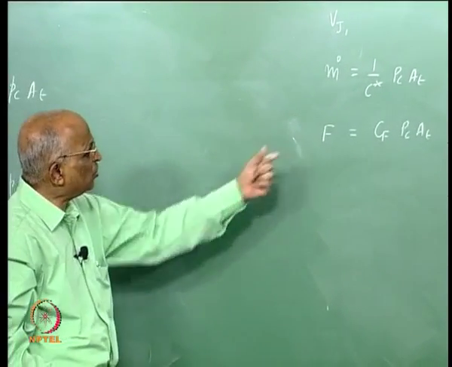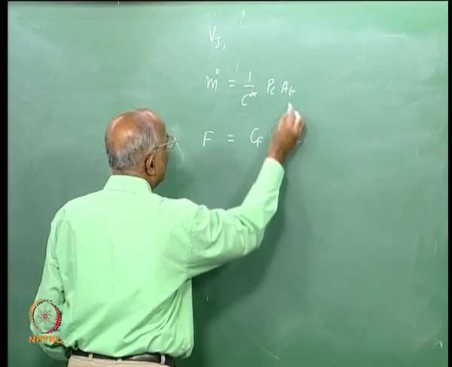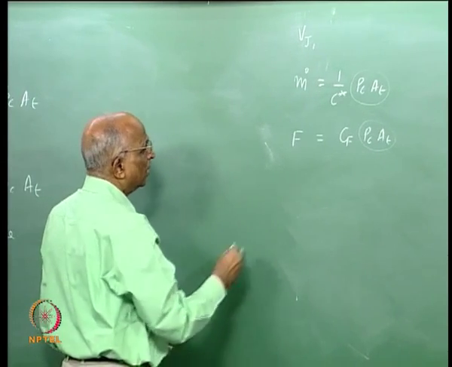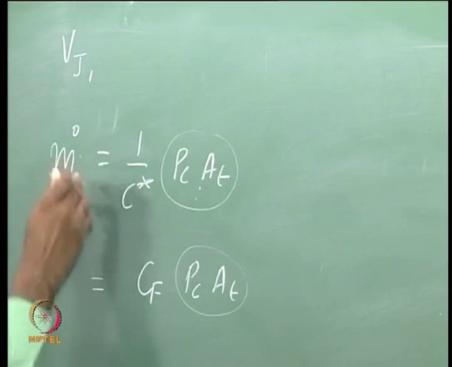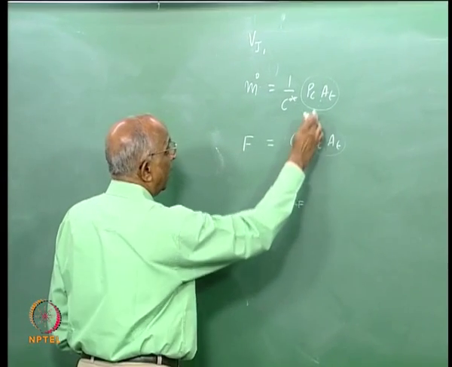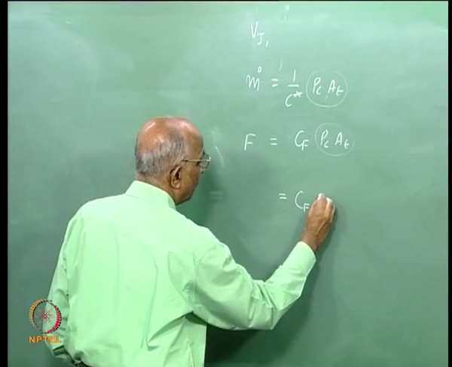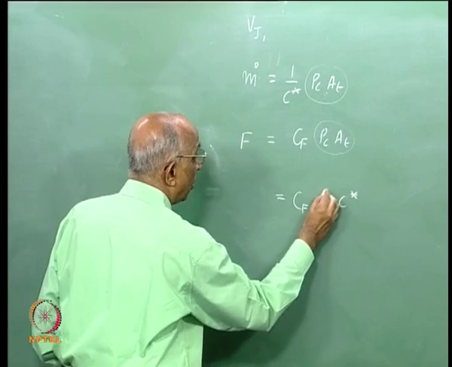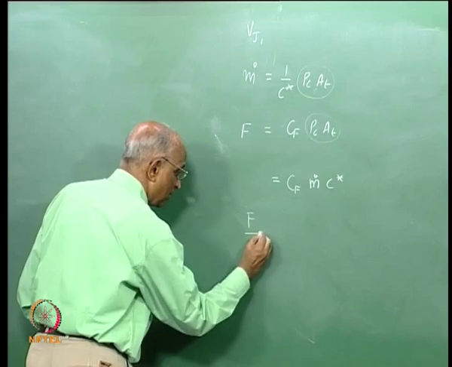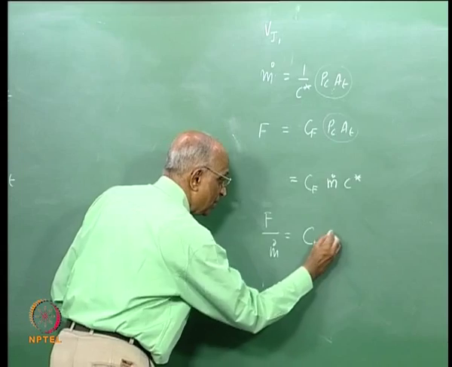Now, if I play with these two equations, I find Pc At common. Therefore, can I somehow put this together? Can I substitute Pc At from the mass equation into the force equation, and if I were to do it, I get Pc At is equal to m dot into C star. Therefore, the thrust developed divided by m dot is equal to Cf into C star.